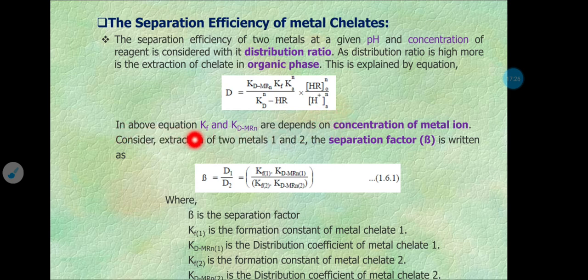In the above equation, the formation constant of metal chelate Kf and the distribution coefficient of metal chelate depend on the metal ion. Consider the extraction of two metals, metal 1 and metal 2. Then the separation factor for these metal ions is represented by the symbol beta, and is written by the equation beta is equal to the distribution ratio of metal ion 1, D1, divided by the distribution ratio of metal ion 2, D2.